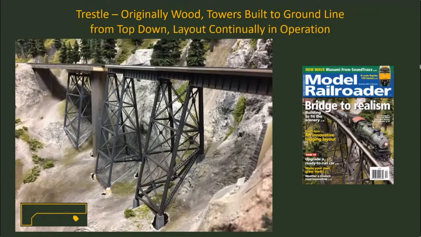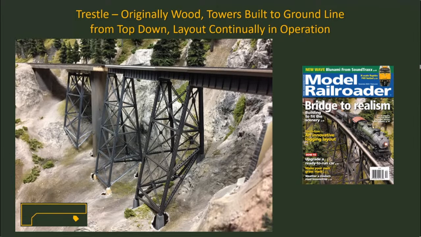So there's a trestle we saw at the very beginning. That's right after you come into the room and turn around the helix, and this shows the trestle under construction. I originally used just wood framing to temporarily get the layout up and running and to set the profile grade line and the alignment of the track across this curved trestle, and then literally built the trestle from the top down.